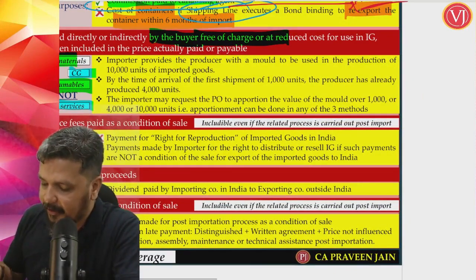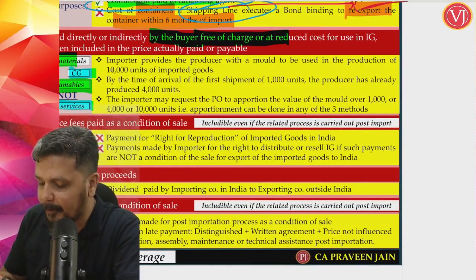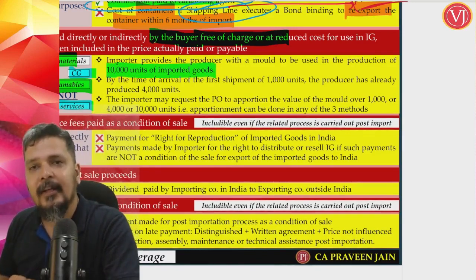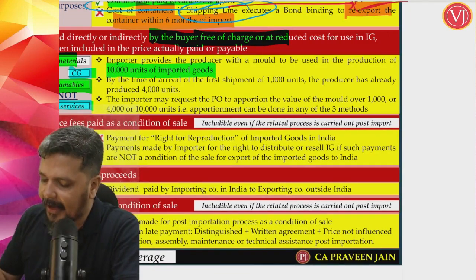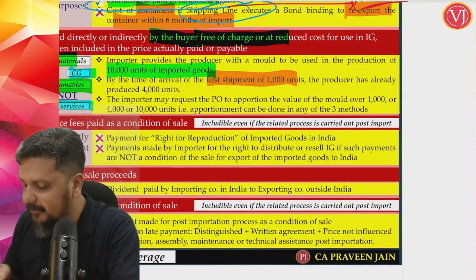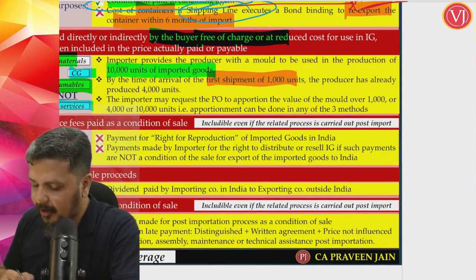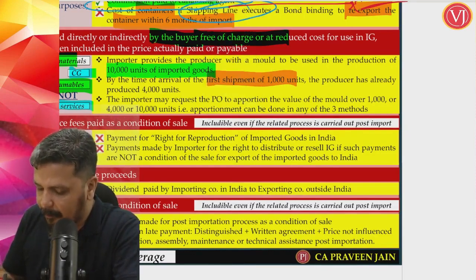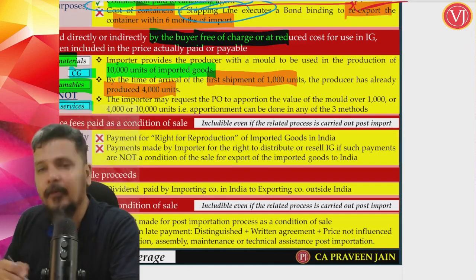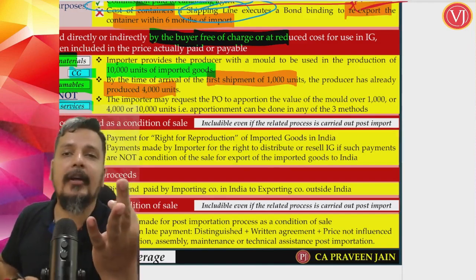Assume that the importer of India has agreed to import 10,000 units, and as of now is importing 1,000 units. Total manufacturing till now has happened of 4,000 units. There are three quantities.